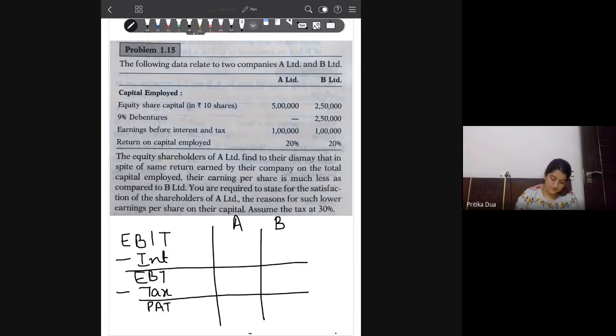No preference dividend given, so this is the earnings available to equity shareholders, and then you calculate the EPS. Please start solving.